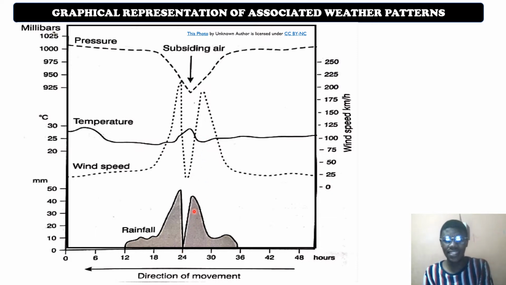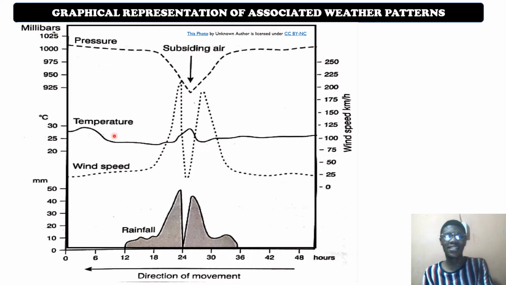And soon after that, we have our rainfall dropping significantly, and again you have your pressure starting to increase significantly that side. And then if you look at your wind speeds, they also start to decrease significantly until they go back to where they started before.